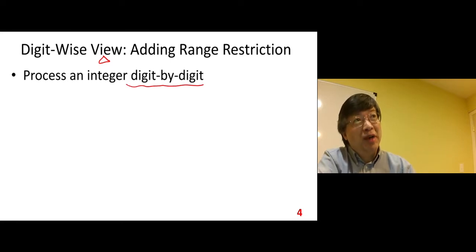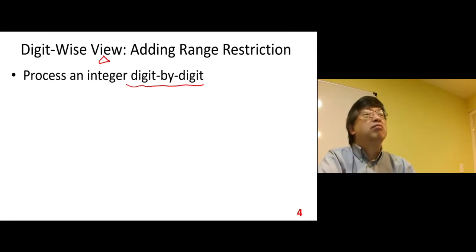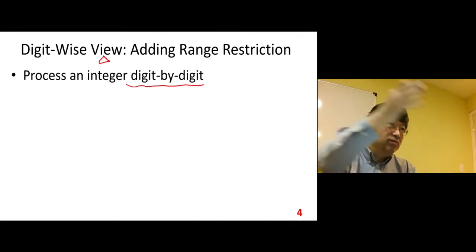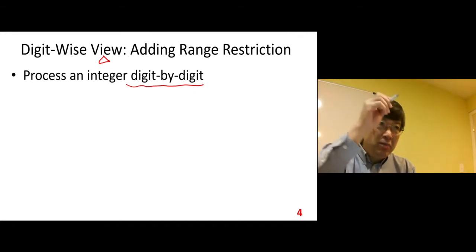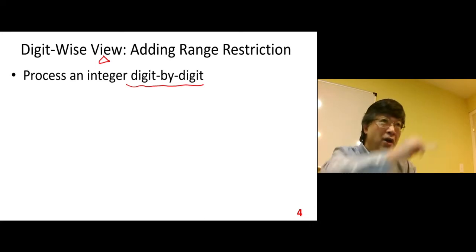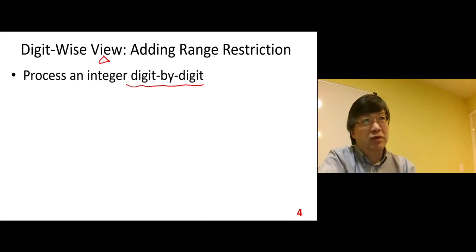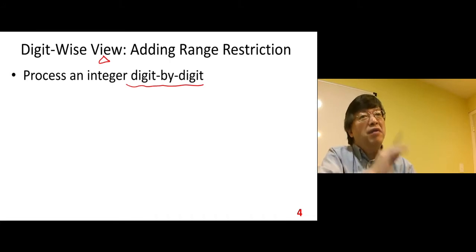An integer is composed of digits, right? So can we apply counting sort digit by digit, not on the whole integer? That's the new view. Now let's look at whether this idea helps or not. We need to investigate.